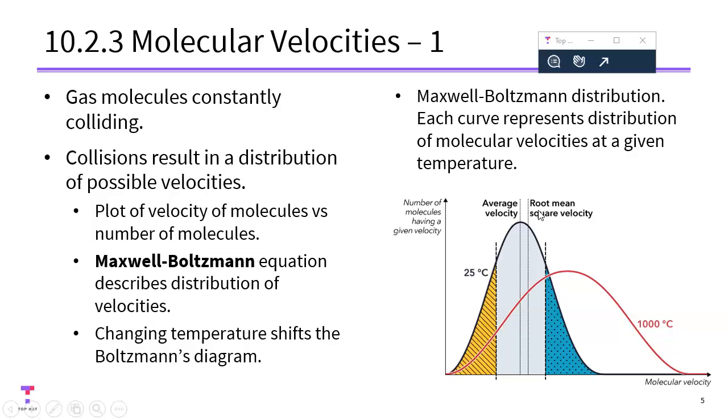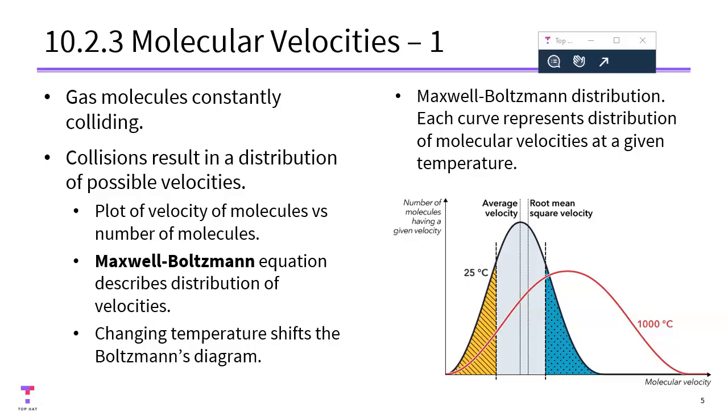The average velocity would be this value right here. The root mean square velocity is something we'll talk about in just a couple of seconds. It's always a little bit higher in speed, and it's accounting for the fact that there's a few more molecules over here with that given speed that's a little bit higher. What's important to note, though, is that this distribution shifts if we shift the temperature. So if I go from 25 degrees, I get this distribution.